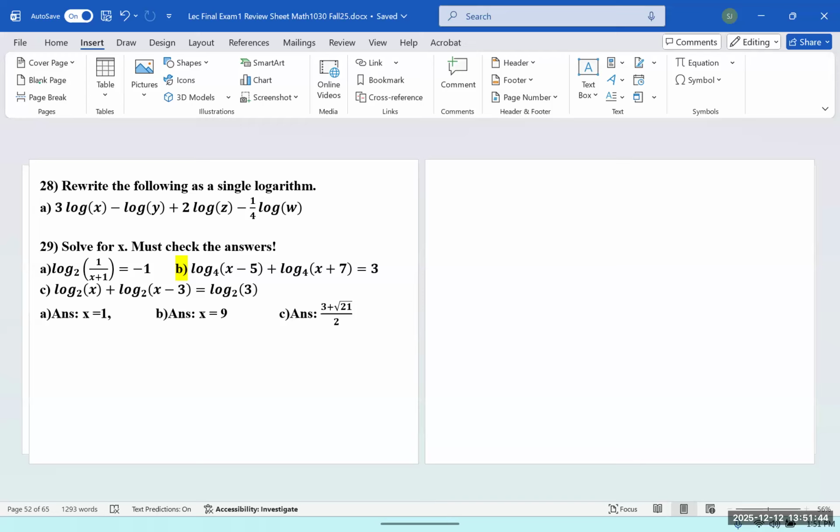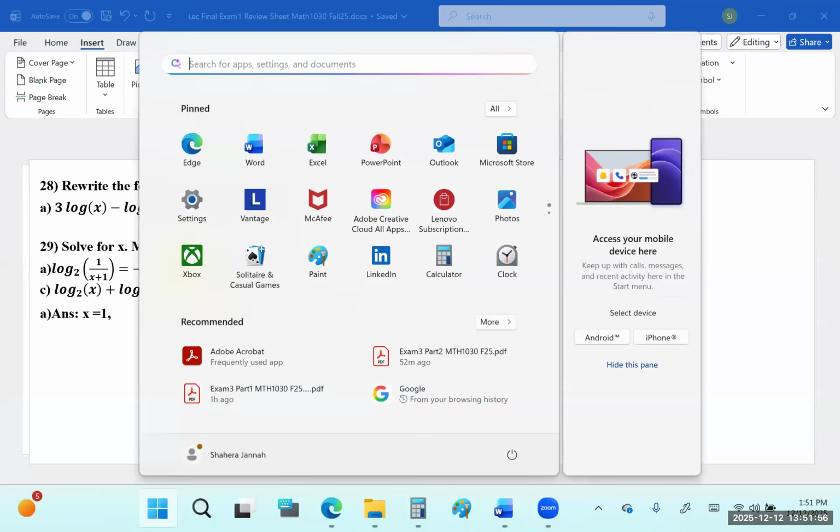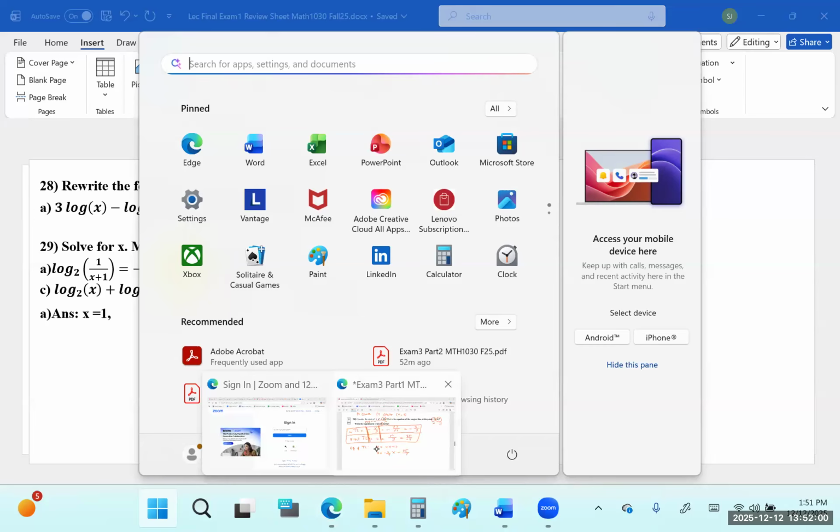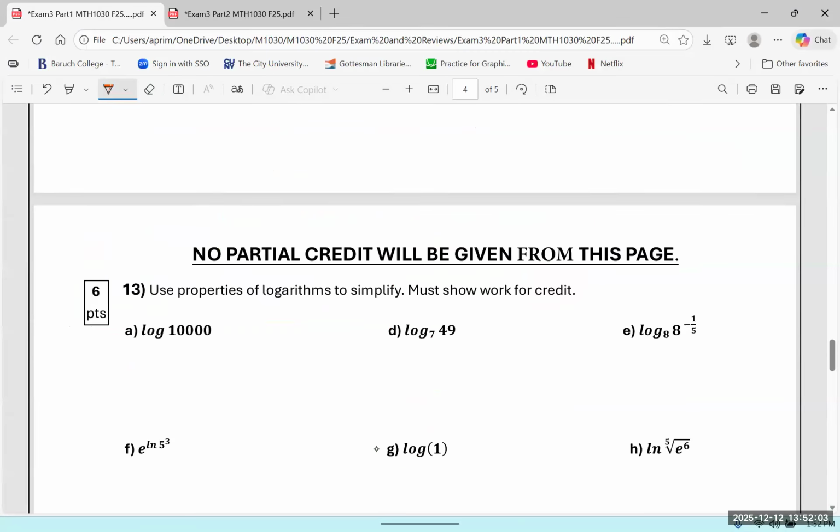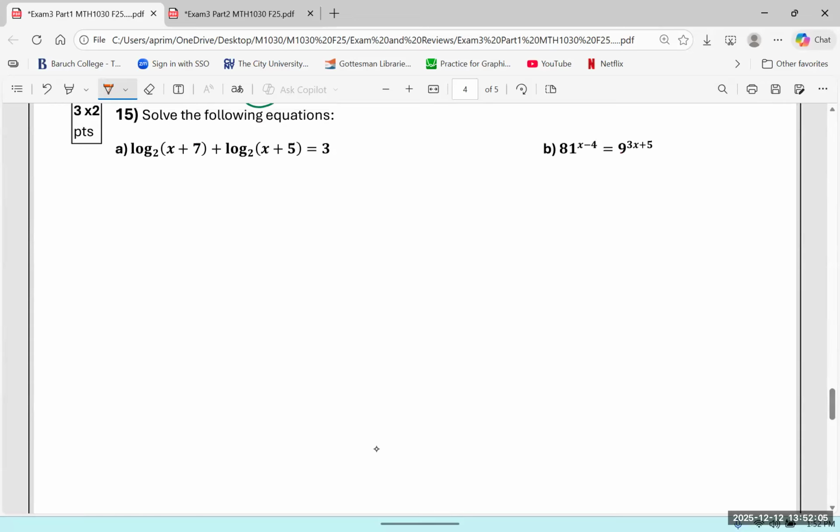I'm talking about the bottom one, the one you crossed out. Is it question 8? 15. Like you have log and, okay, let's do that. Here, this one.